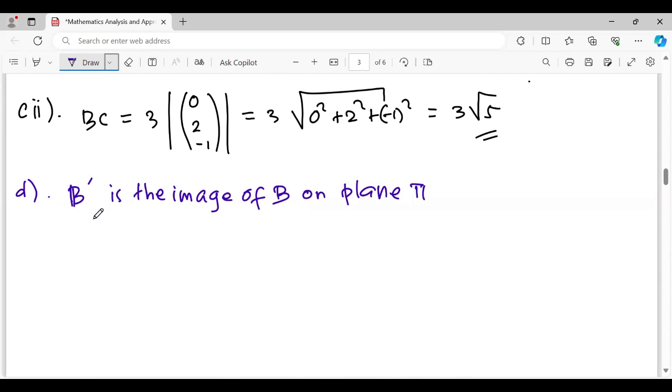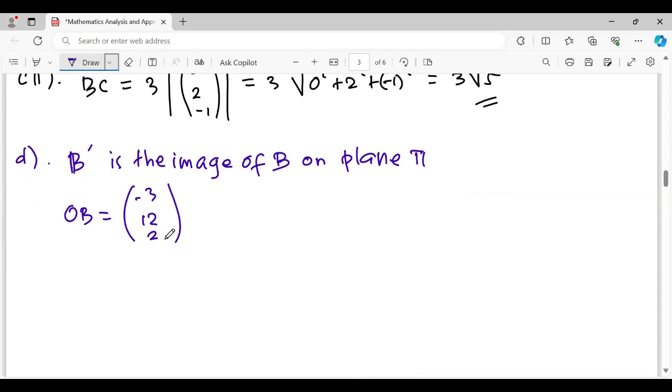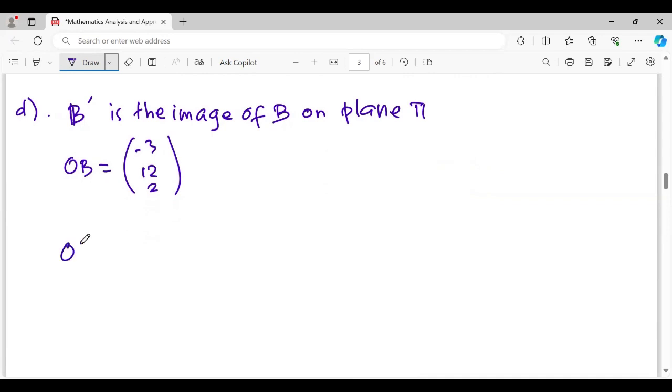We have OB equals (-3, 12, 2). Now we are going to find OB apostrophe. So OB apostrophe equals OC plus CB apostrophe.